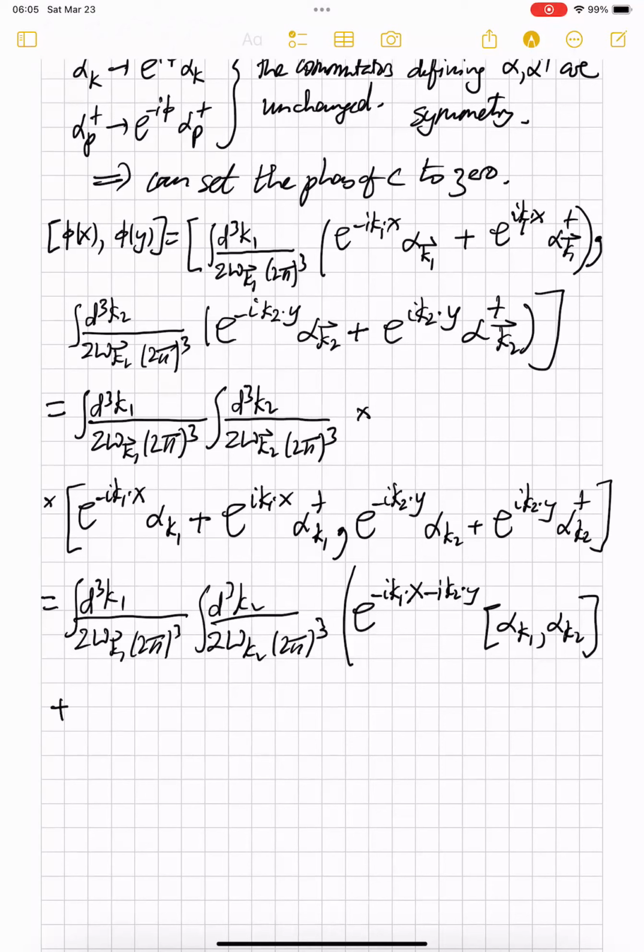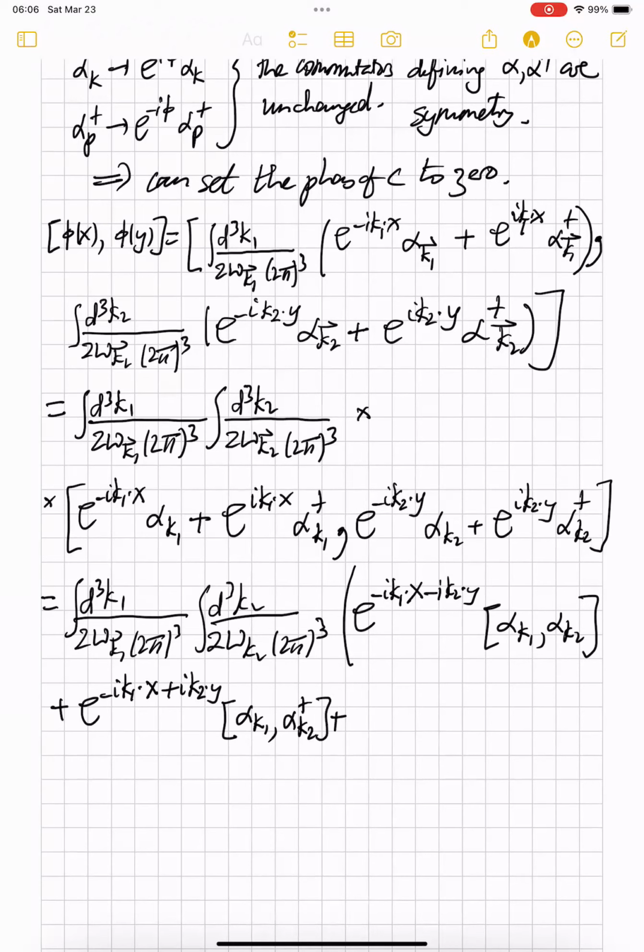Plus, then we've got the outer terms. So we've got e to the minus I k1 dot x and plus I k2 dot y, and we've got alpha k1 comma alpha k2 dagger.